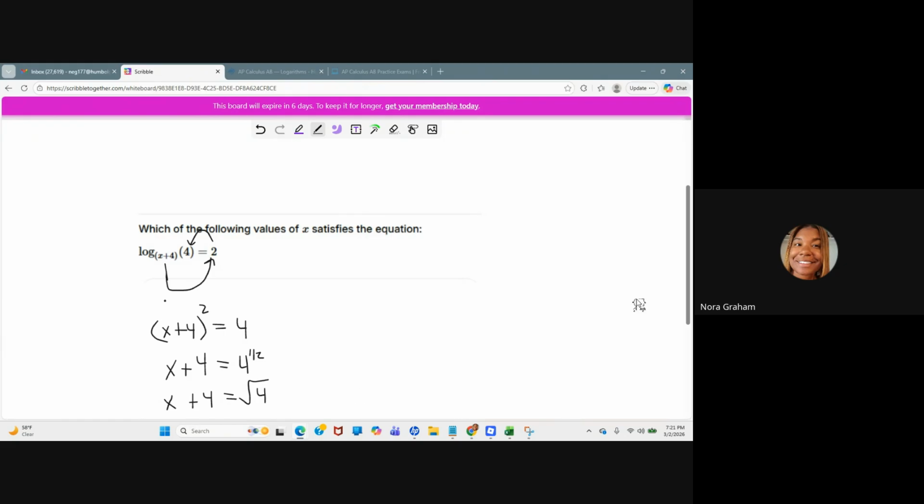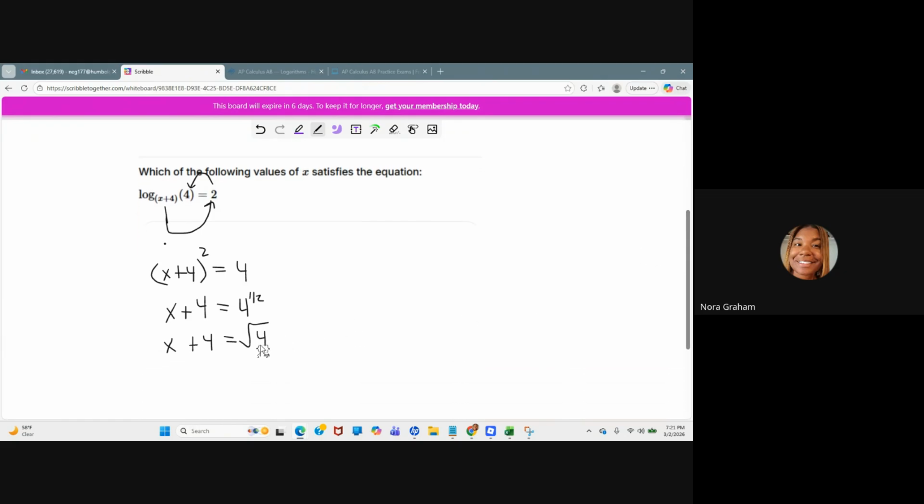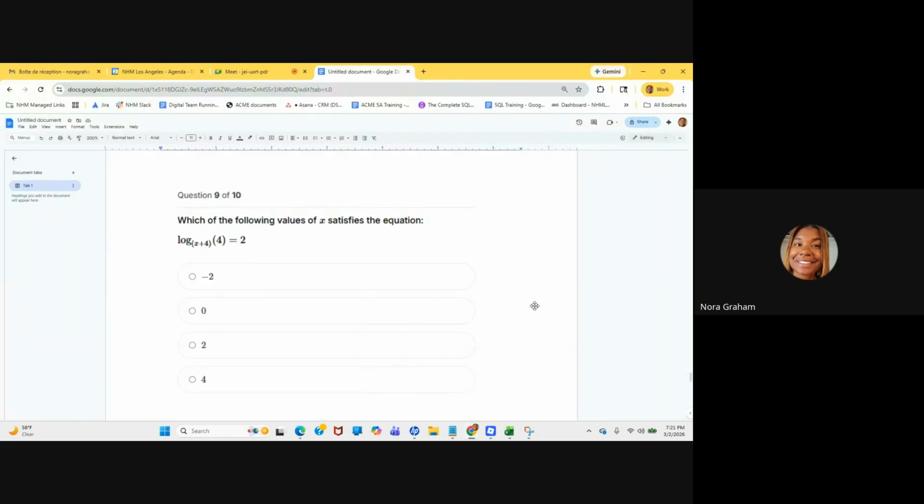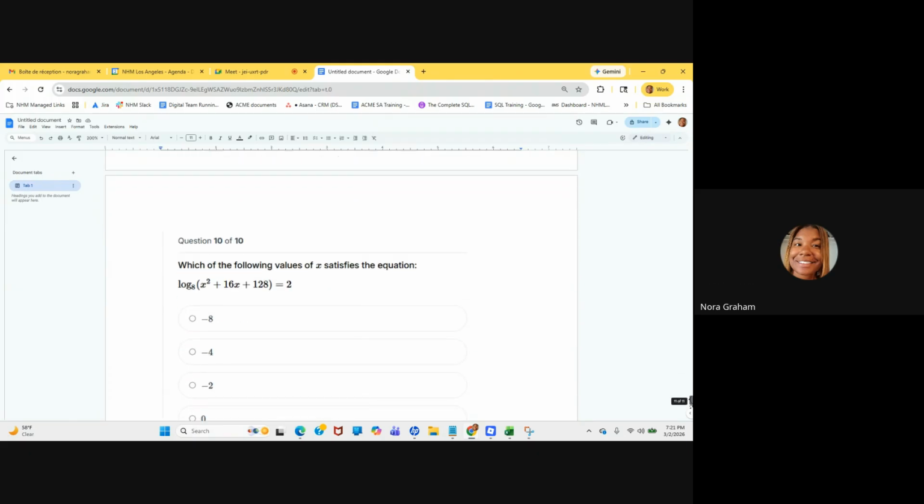And then we subtract that 4. So I have 2 minus 4, which gives me x equals -2. And I am done with that. I believe that's one of our answers, -2. Yep. Awesome. Now let's do the last one.